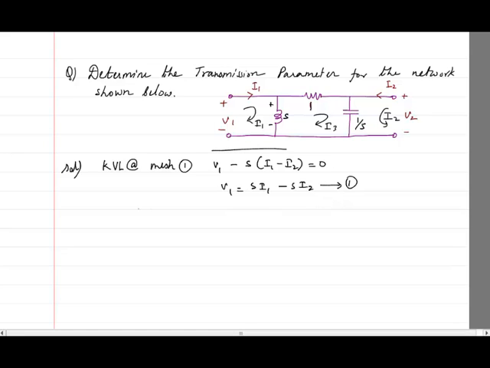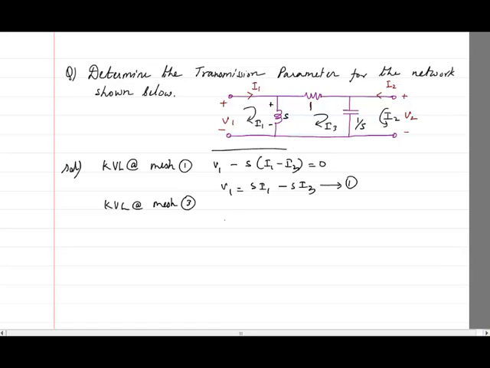Okay, now KVL, so this is I3, sorry, so this has to be I3. Okay, I3 and I3. Now KVL at mesh 3, the center one.